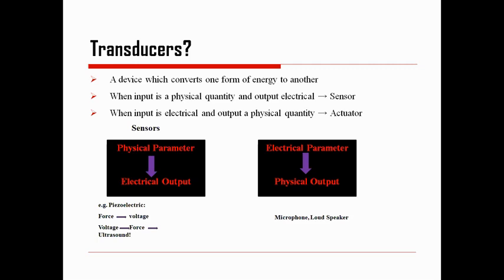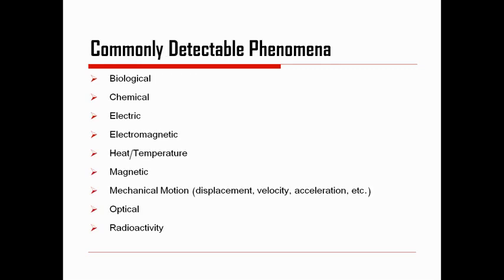Similar to the speaker, where during an announcement, the electrical signal is converted into sound. So these are the two different points. One is the sensor, which converts your physical parameter into an electrical one, and the other converts your electrical output into a physical quantity.